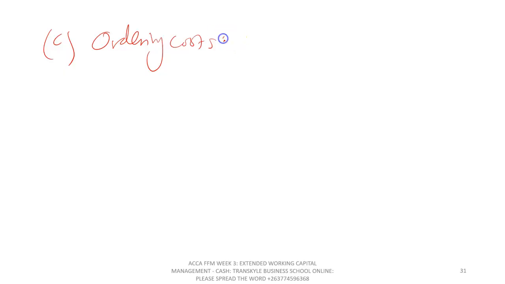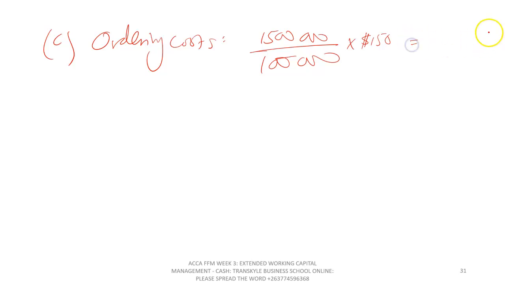Remember the total amount required is 1.5 million over 100,000, which is now the EOQ. And each time we pay $150. So here the cost per annum should come to 2,250.